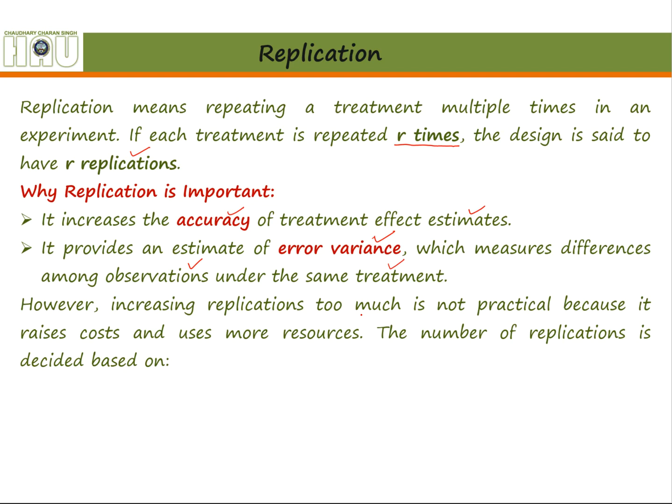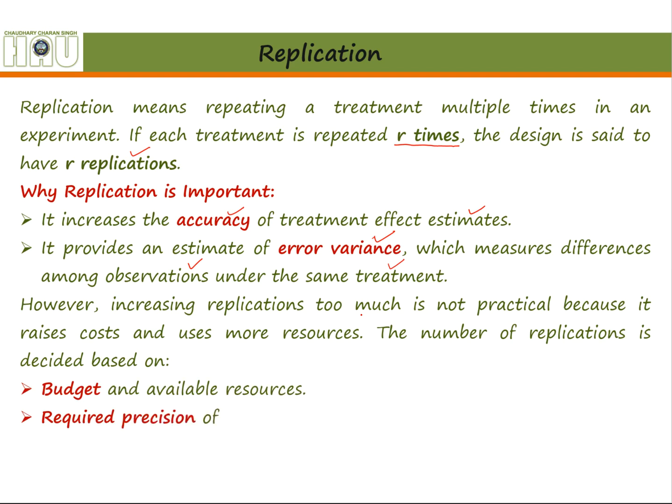So the number of replications should be optimum, not too large, not too small. So the number of replications should be decided on the basis of, number one, budget and available resources, which is of course very important.